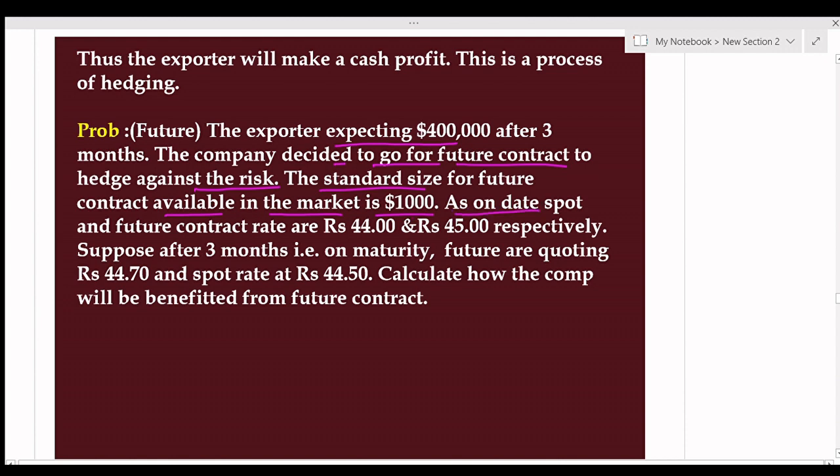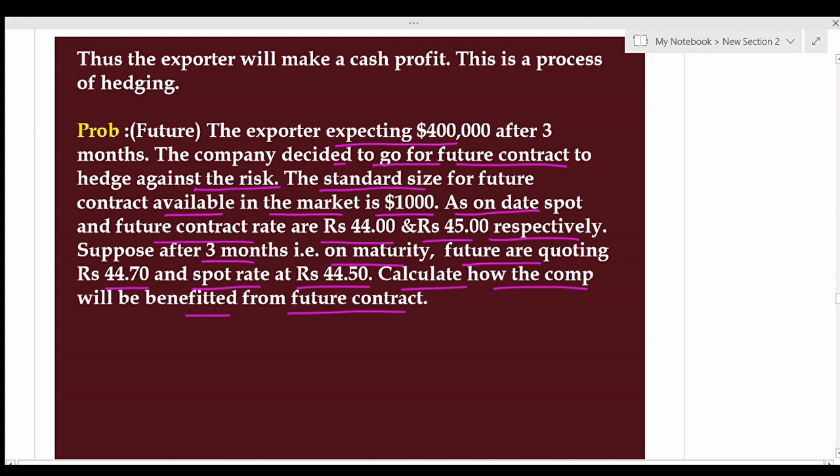As on date, spot and future contract rates are rupees 44 and rupees 45 respectively. Suppose after 3 months, that is on maturity, futures are quoting rupees 44.70 and spot rate at rupees 44.50. Calculate how the company will be benefited from the future contract.